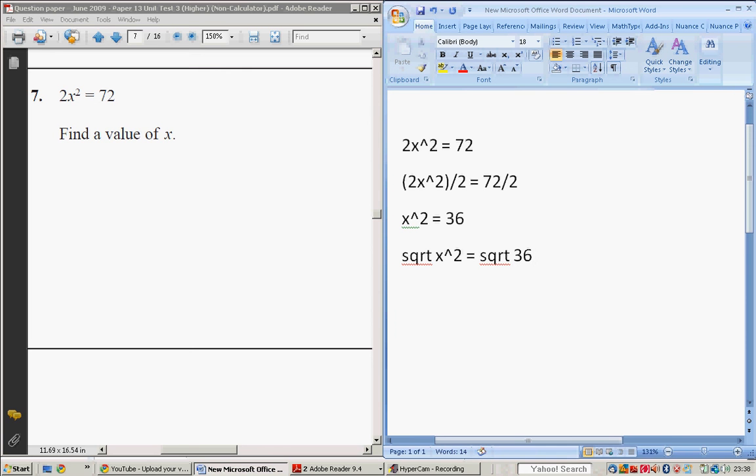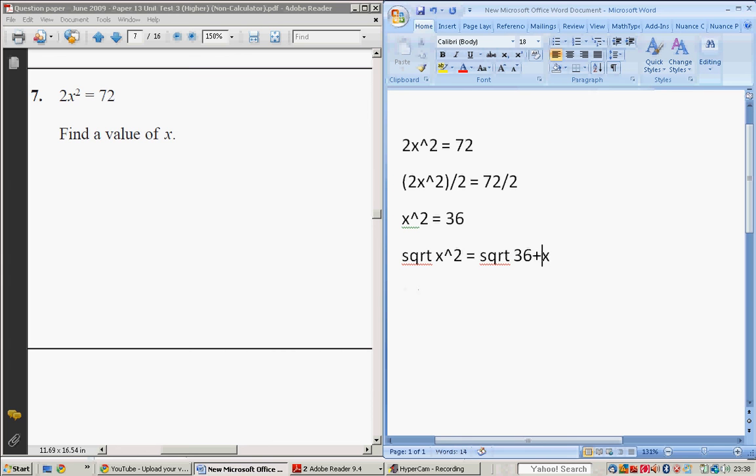Okay, so the square root of x to the power of 2 is simply x, because x times x equals x squared, although I think it's plus and minus x.